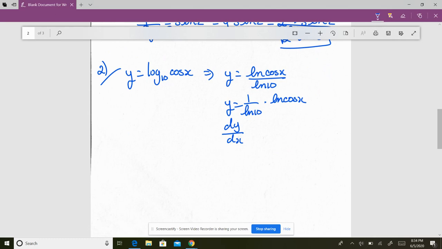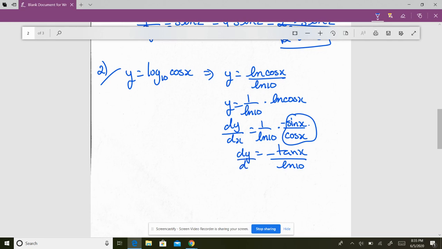So dy dx is 1 over the natural log of 10 times the derivative of natural log cos x, which is 1 over cos x, and up top goes the derivative of cos x, which is negative sine x. Now you could leave it like that, or you could recognize sine x over cos x is tan. So I get negative tan of x over the natural log of 10. And that's dy dx, or y prime.